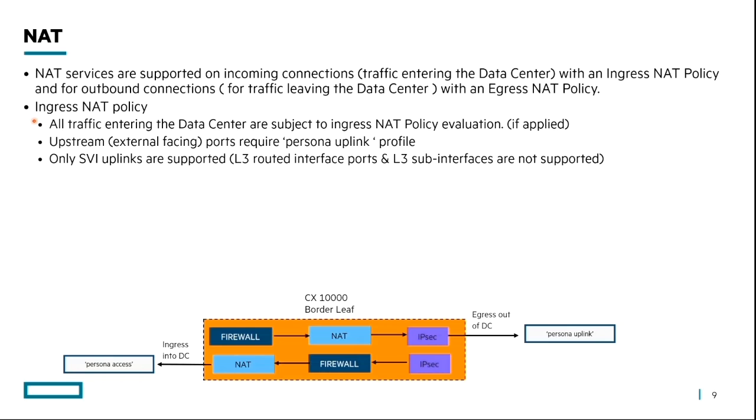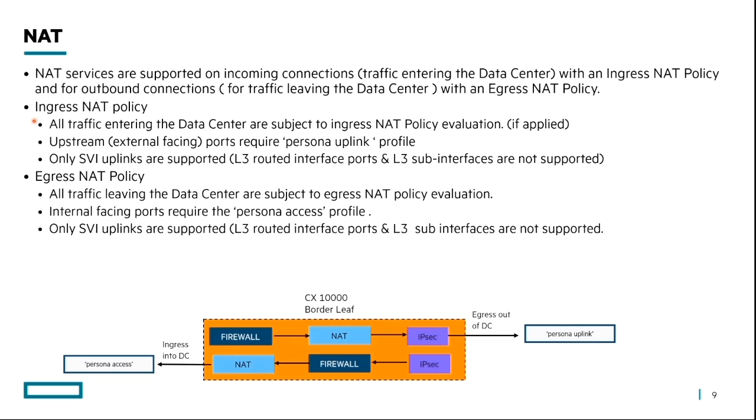Only SVI uplinks are supported. Layer 3 routed interface ports and Layer 3 sub interfaces are not supported. On egress, all traffic leaving the data center is subject to the egress NAT policy evaluation if that egress policy is applied.